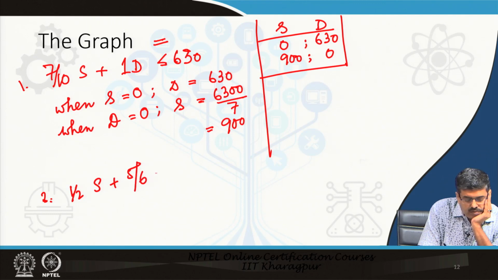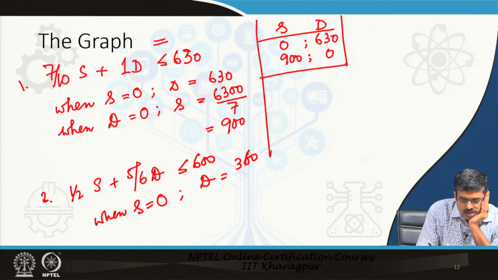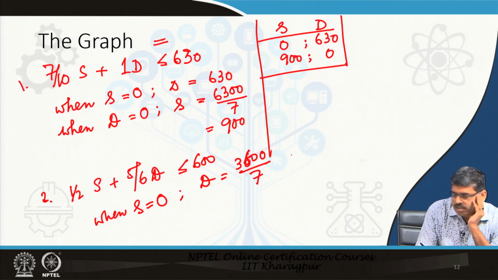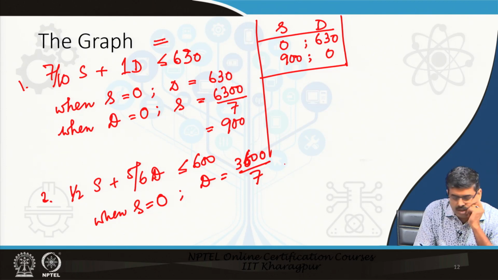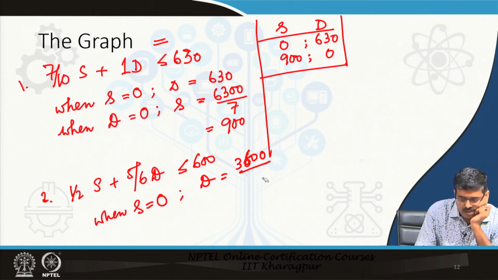So, when S is equal to 0, D is equal to what? 3600 by 5, right. Sorry, I said the wrong number at first; it is 3600 by 5.